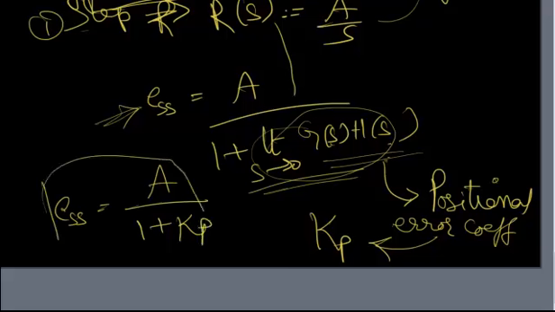For step input, we have the steady state error as a by 1 plus Kp, where Kp is equal to this limit s tends to 0 g of s into h of s, called as positional error coefficient of a system. This is constant for a given system for any input.